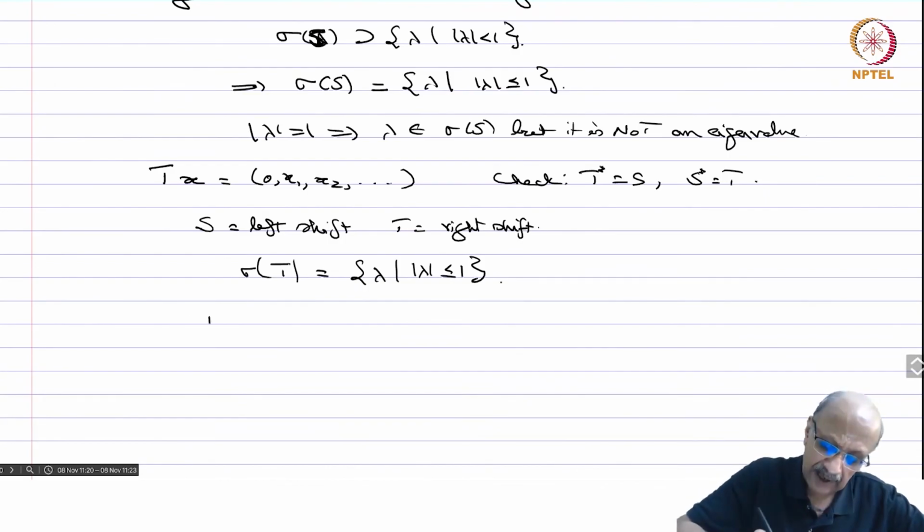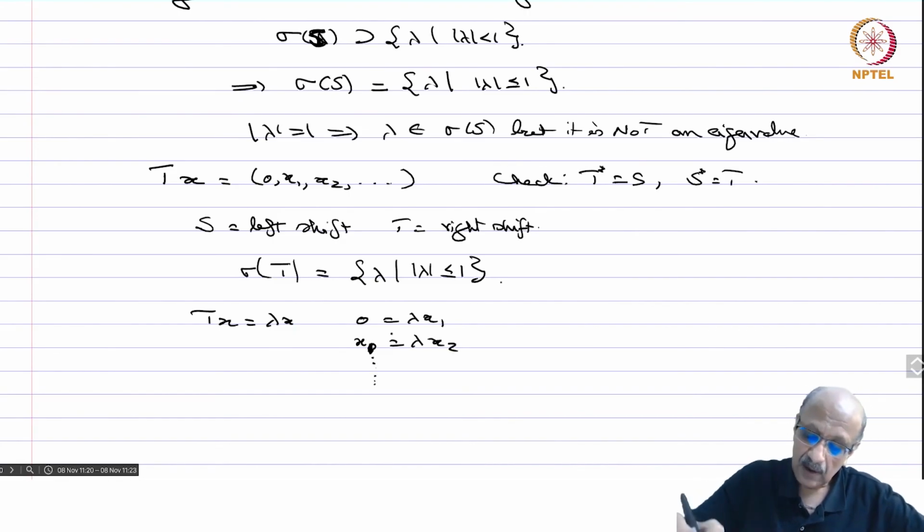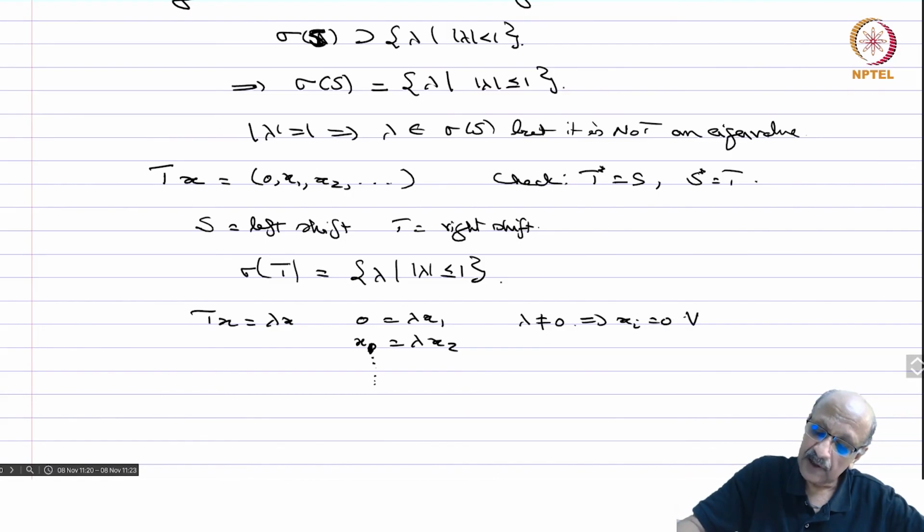Now if you take Tx equal to lambda x, then what happens? So 0 equals lambda x1, then x1 equals lambda x2 and so on. Okay, so if lambda is not 0, this implies x_i equal to 0 for all i.